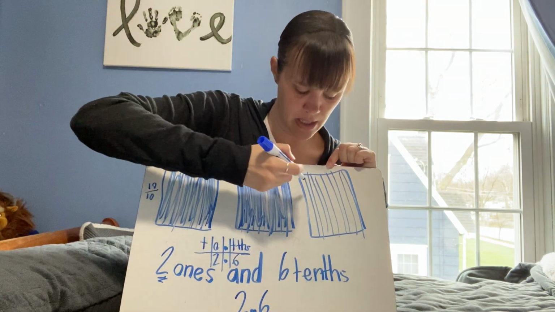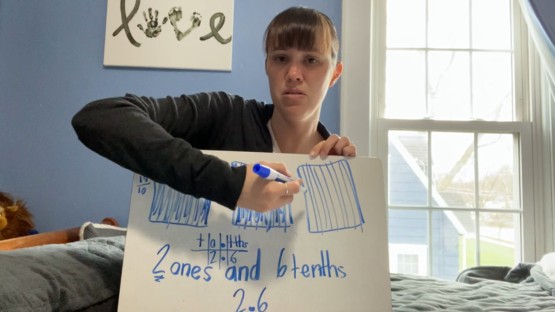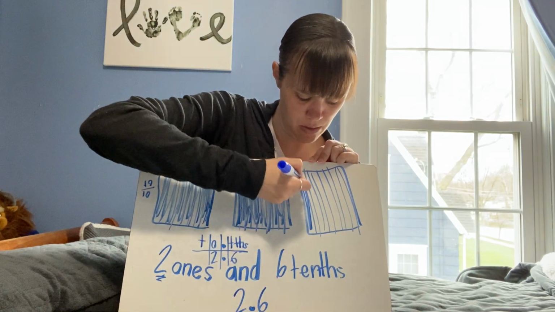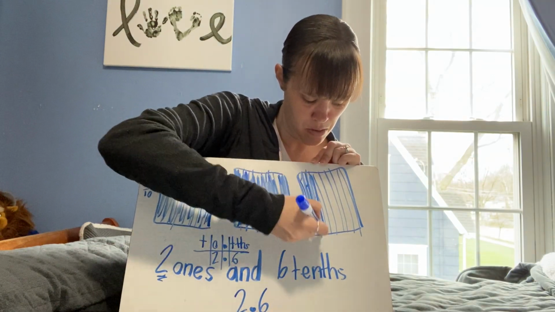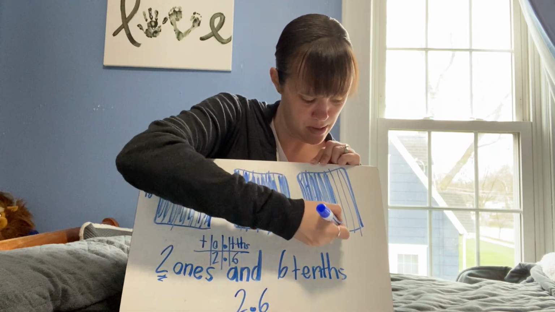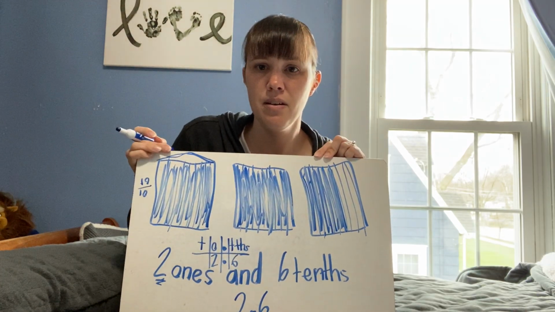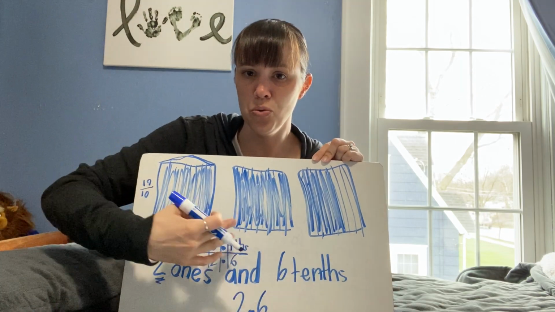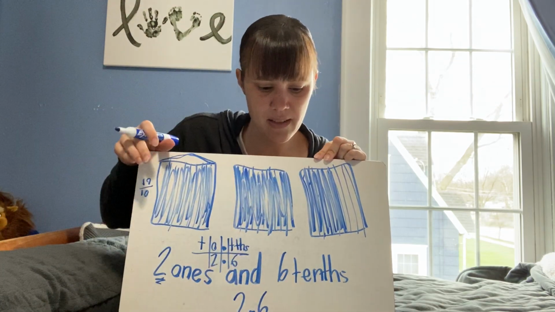Now we have to do 6 tenths. So how many of these am I going to color in? I'm going to color in 6. 1, 2, 3, 4, 5, 6. That shows two wholes and 6 tenths.